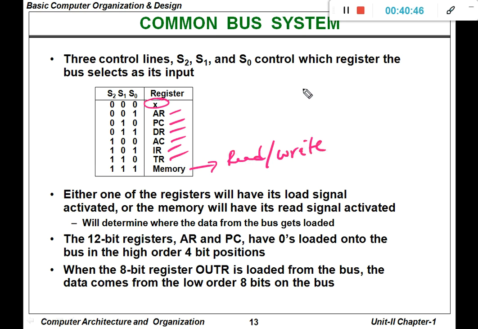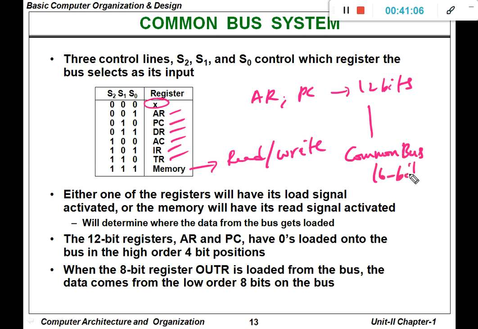One point we missed is that the AR address register as well as PC need only 12 bits. However, the main memory or common bus is 16 bits in size. But the AR and PC require only 12 bits. So what about the 4 remaining bits? The 4 remaining bits will be filled with zeros.